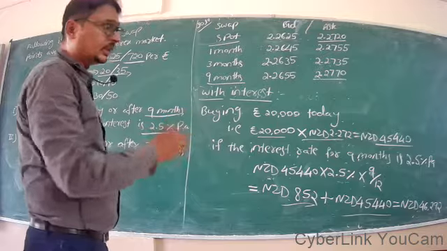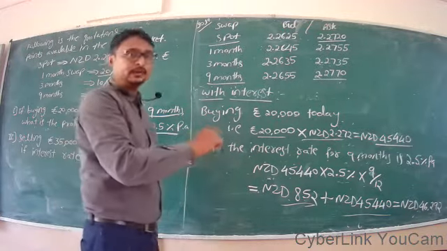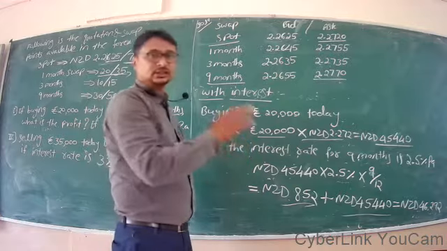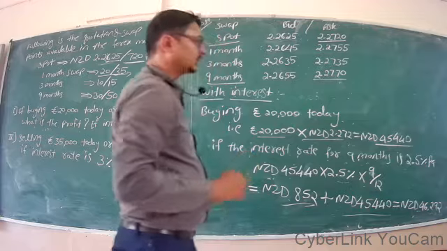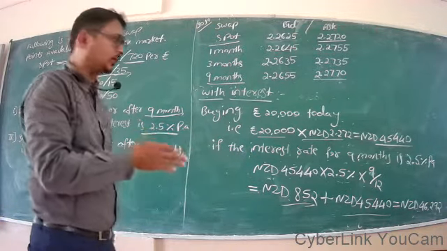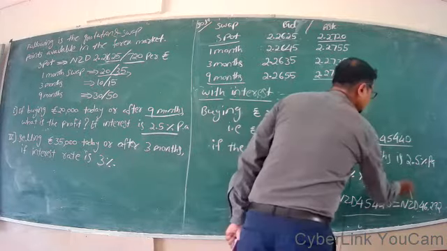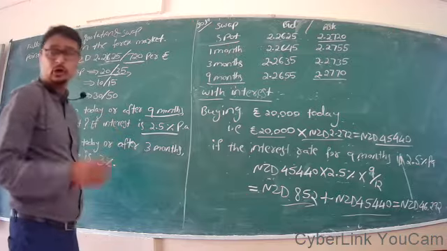With interest, if you are borrowing the entire amount, you have to pay 2.5% interest, 9 months is the loan period, and you have to pay back New Zealand dollar 46,292. So with borrowing and without borrowing, the difference between these two is your gain, that is, borrowing or not borrowing.